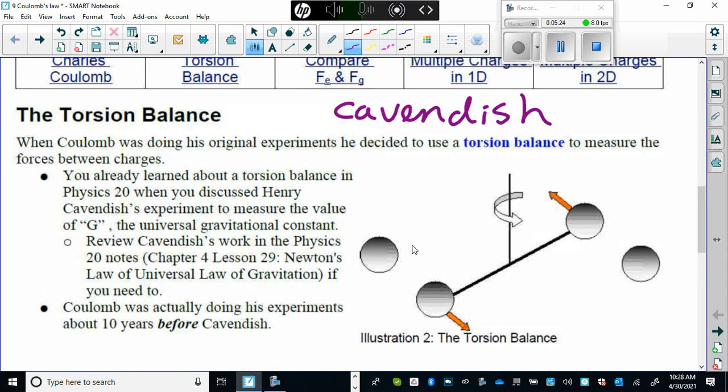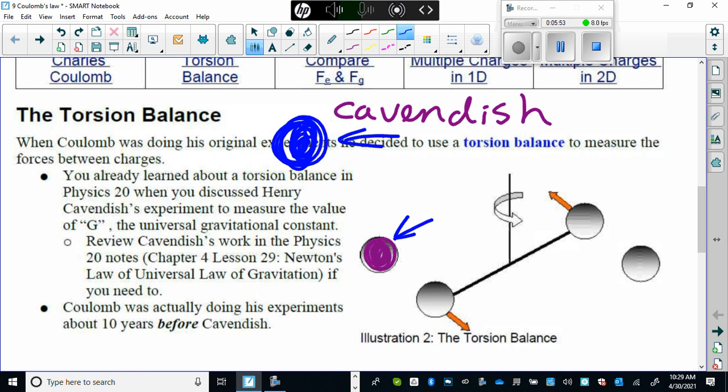The one they used was quite ingenious because essentially he had a ball and then he charged this ball here and he saw that they were electrostatically repelled, and then he took this one out and touched it to another one that was the same size. So he takes this purple one out and touches it to this blue one, and he knows that because they're the same size, they will share the charge equally.